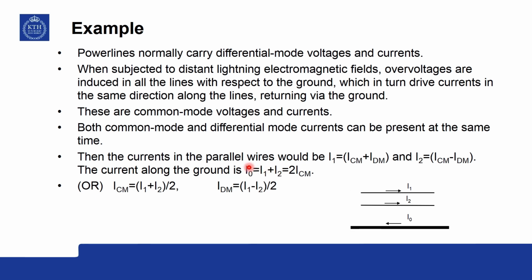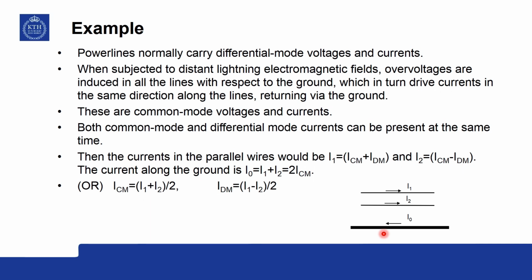Say for example, if there are currents in two parallel wires I1 and I2, then I1 is I common mode plus I differential mode, and I2 will be, since the differential mode direction is changing, I common mode minus I differential mode. Then the current along the ground is I1 plus I2, or 2 times ICM.